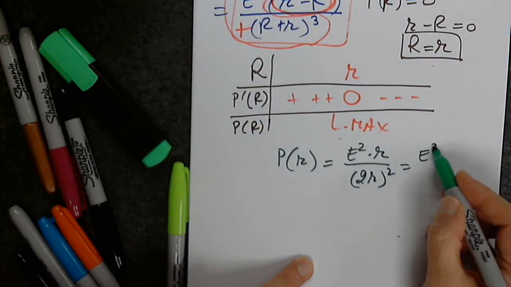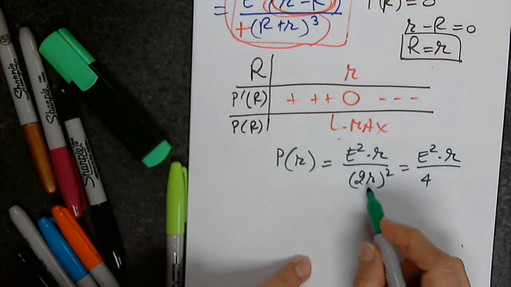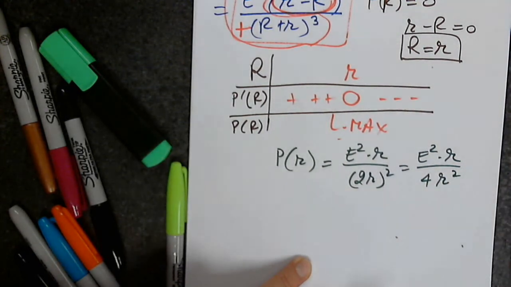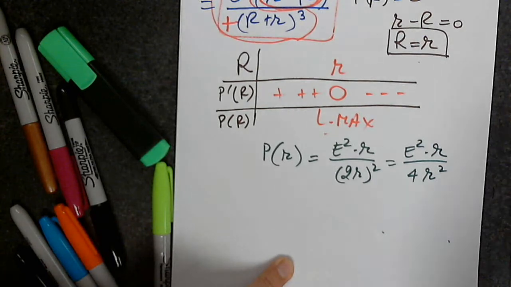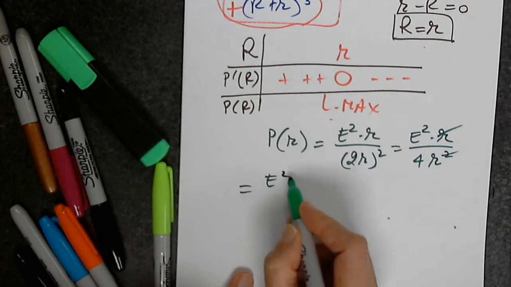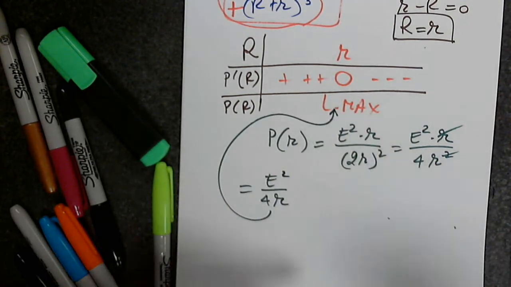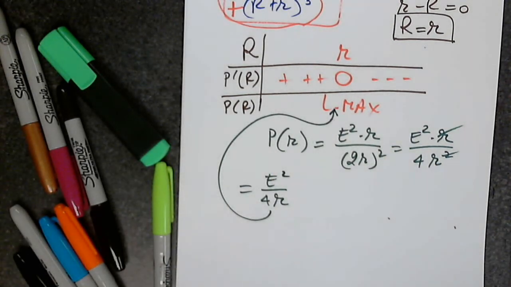So this will be E squared times r over 2 squared, which is 4, r squared. And all I have to do is simplify one of those. So E squared over 4r. This is the local max, and it should be put right there under R0 and P of R.